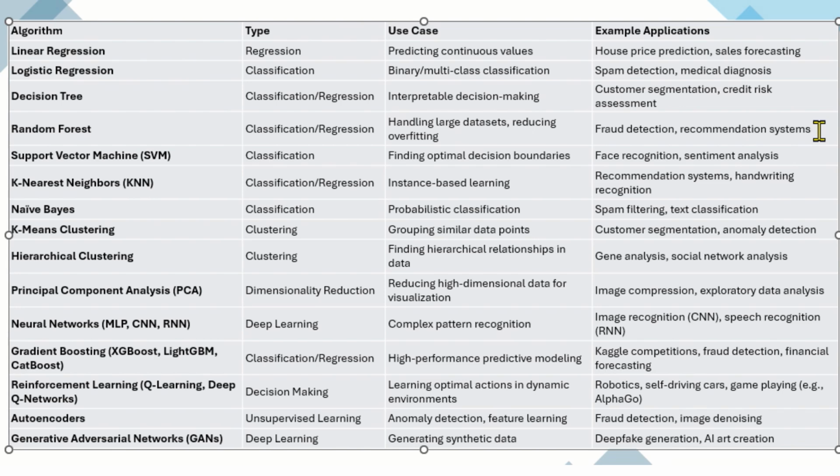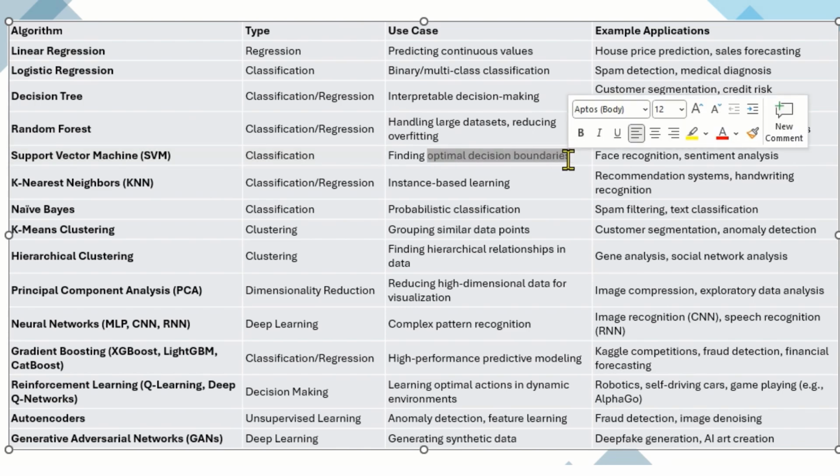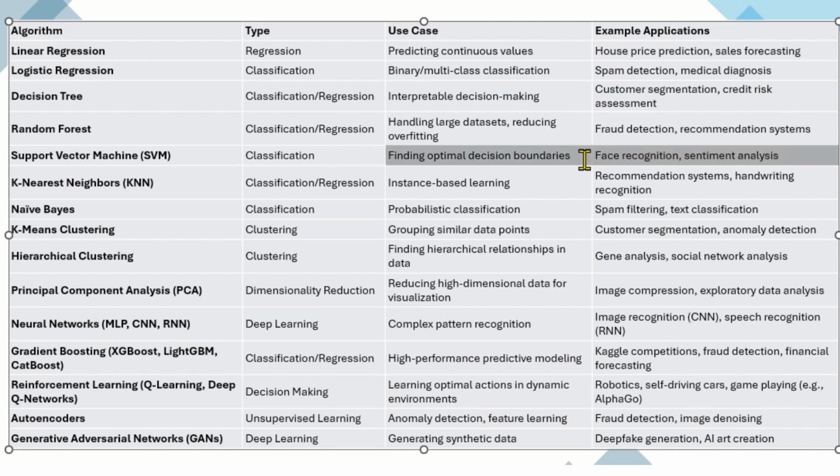In this video, apart from logistic regression, I'm also going to use support vector machine, SVM. Again, this is under classification, not regression. I'm going to use it to find the optimal decision boundaries. Even though it's typically used for face recognition and sentiment analysis, for this data set I want optimal decision boundaries.